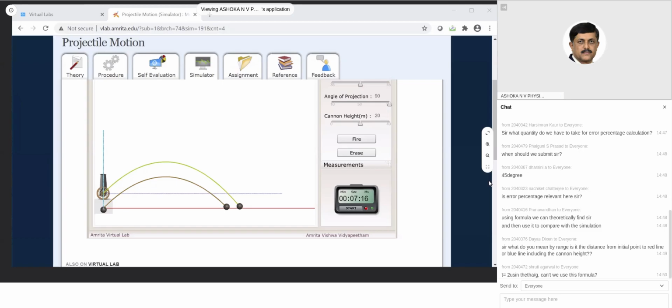It is the distance covered by the projectile along the horizontal direction, the x-axis, in the same plane from the point of projection.